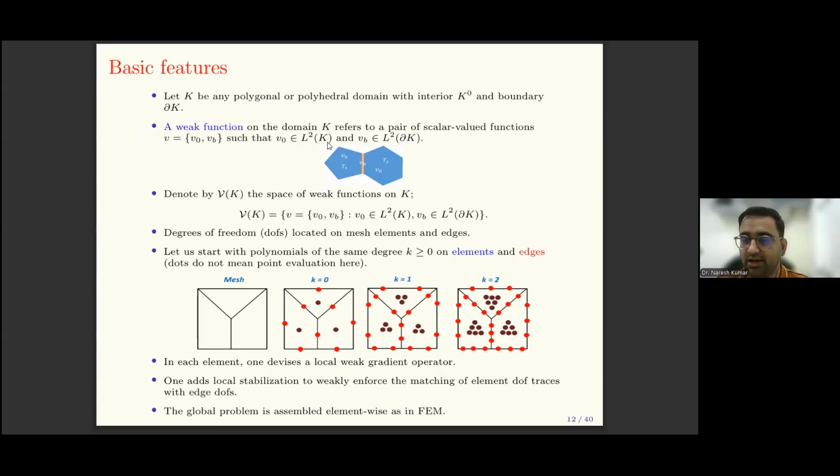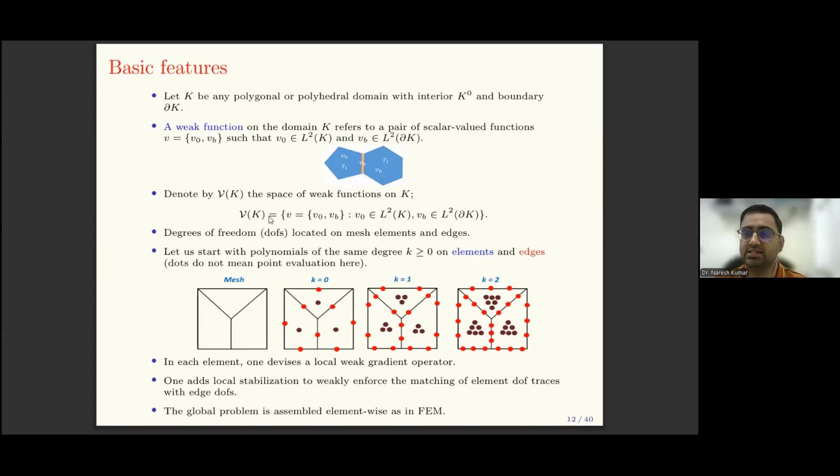Both are integrable: for the interior we call it v0, and for the boundary, or for the edge, we call it vb. When we take the collection of all these functions, we call it the weak function space. Since v0 is L2 square integrable in the interior, and vb is square integrable on the boundary or on the edges, this is still an infinite dimensional space.